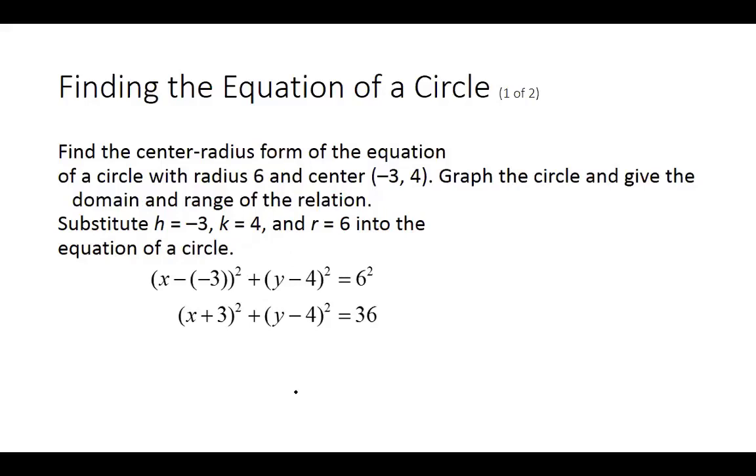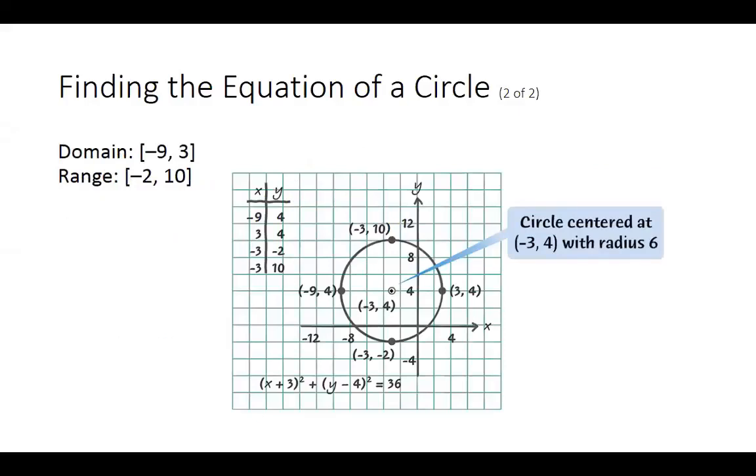(x minus h) squared plus (y minus k) squared is equal to r squared. Be careful with the signs. h is negative, so x minus minus 3 would be (x plus 3) squared plus (y minus 4) squared. And since the radius is 6, you square that and it becomes 36. So we can see the graph.